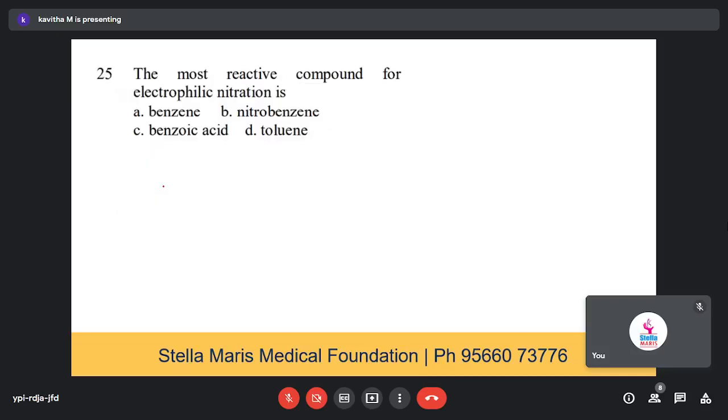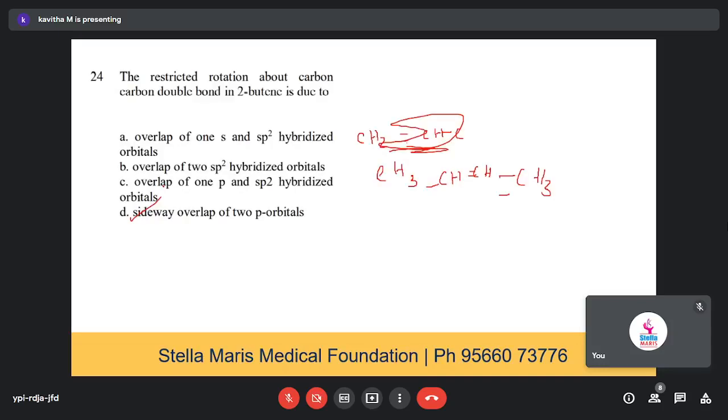Ma'am, please explain that again. I couldn't hear you. See here, the first carbon is sp3 hybridized, and the second carbon is sp2. The two double-bond carbons are sp2 hybridized.